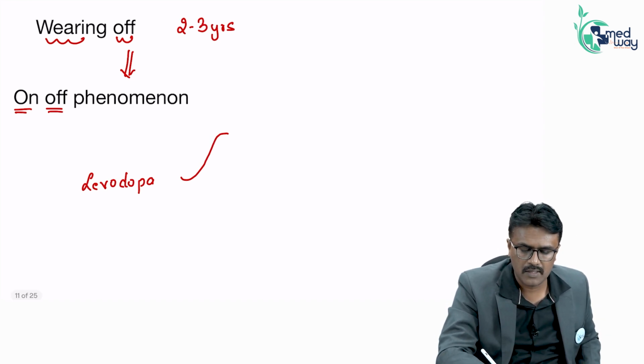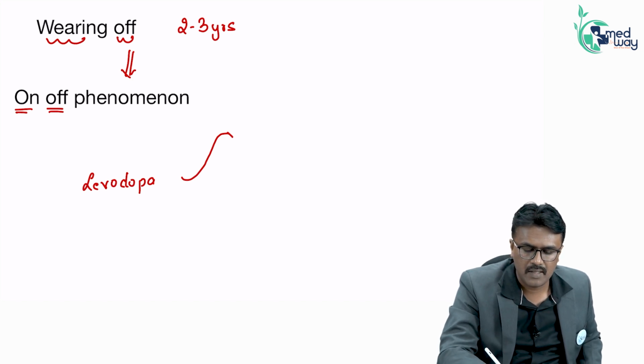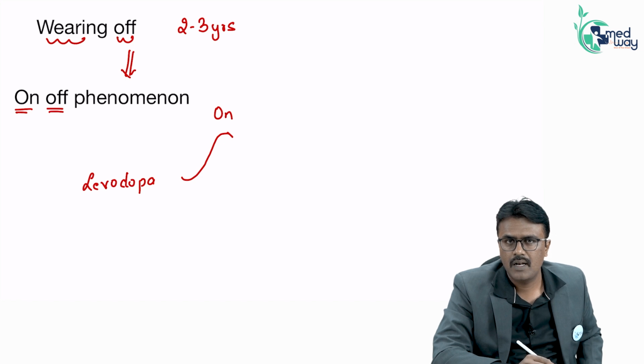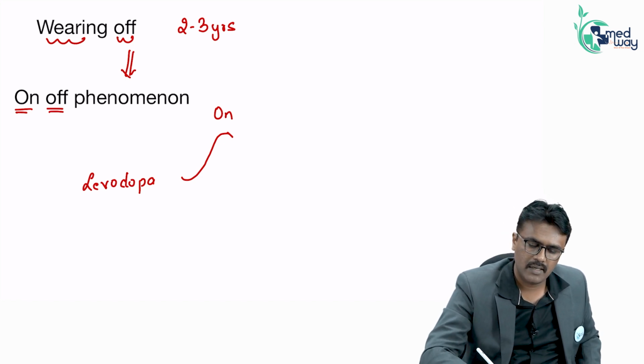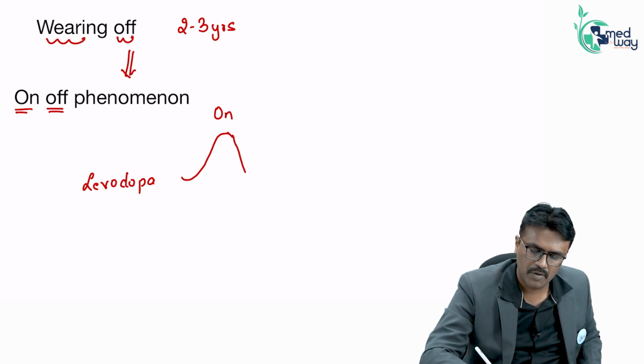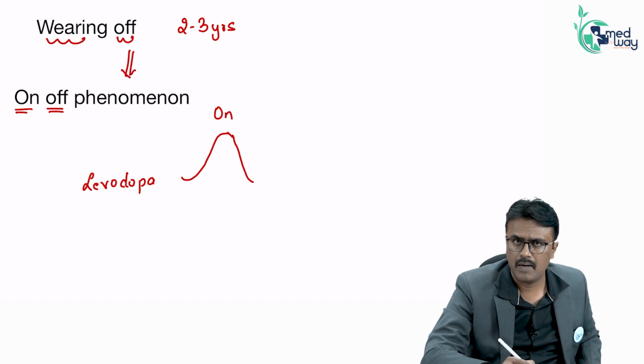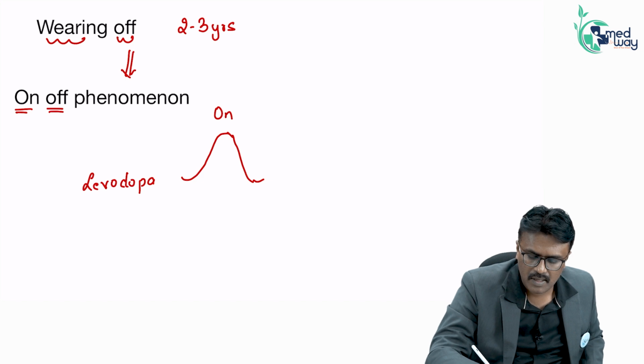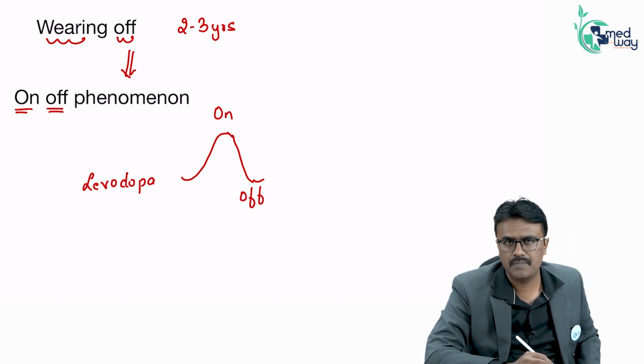When you increase the dopamine activity, this is called on. The drug is on. Now, since levodopa is very short acting, the levels of levodopa come down. And I am saying levodopa as dopamine. The dopamine levels come down and the patient has no drug, that is called off episodes.